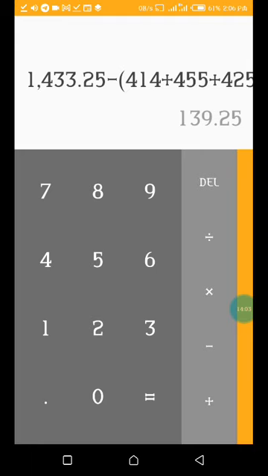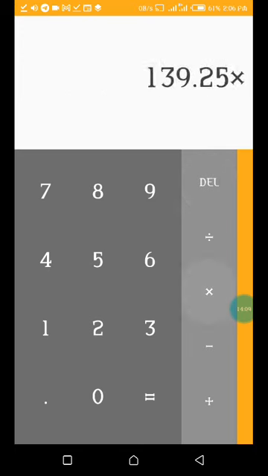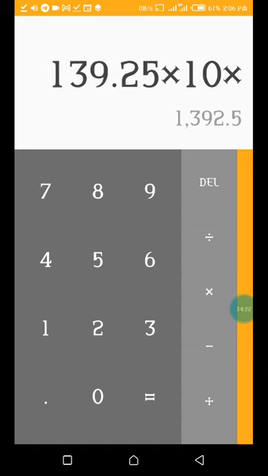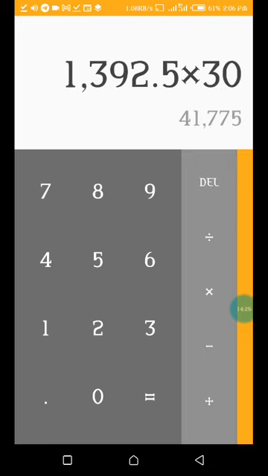So if you can do this like 10 times a day, you're actually making 1,392. So you are compounding your account every single time you make this kind of profit. If you do this, let's say 30 times in a month, you're actually making 41k with just compounding your account.